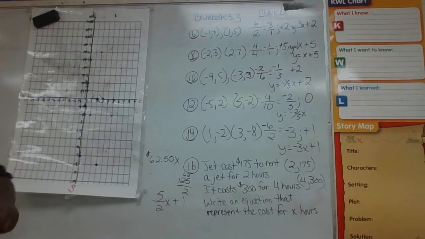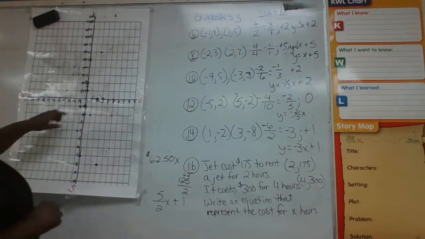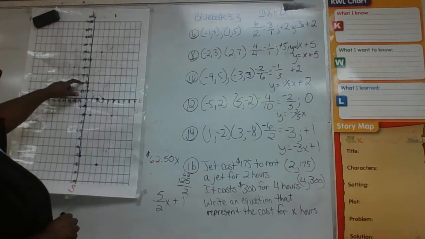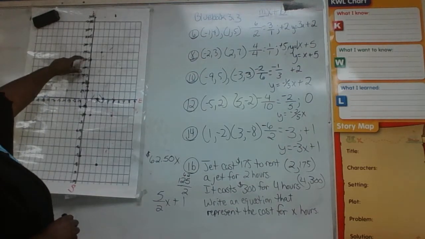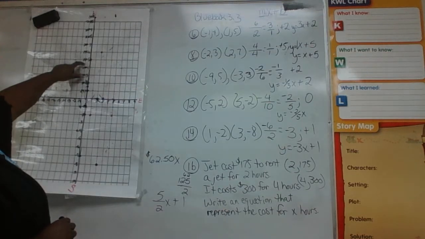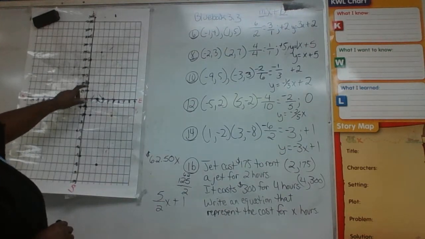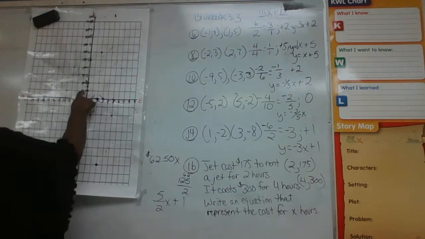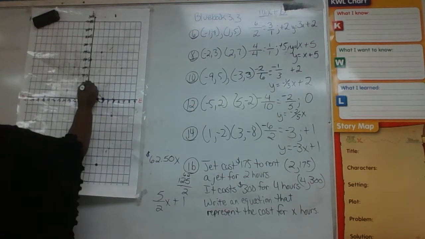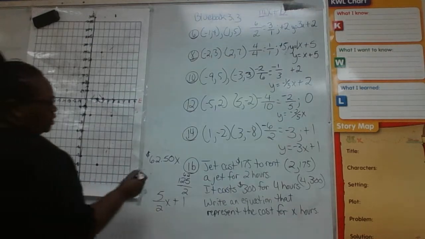Our book has it at 50. Maybe I didn't count correctly. Let's see. 25, 50, 75, 100, 125. I missed one. So it actually should be 50. I missed one in my line. So this is 25, and I should have stopped here, at 50.